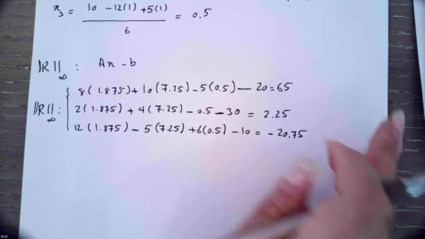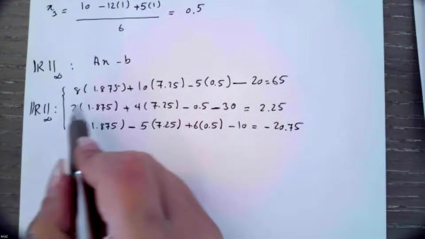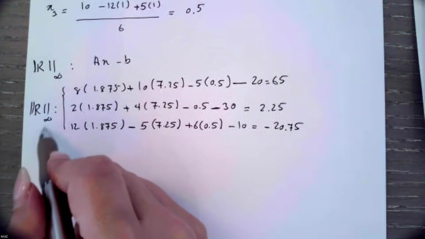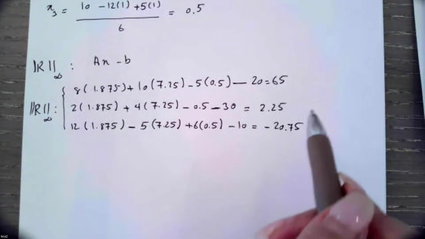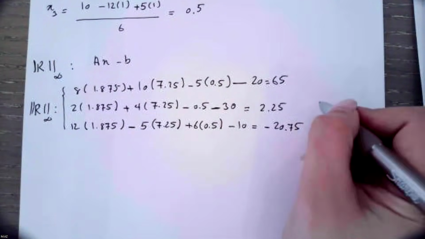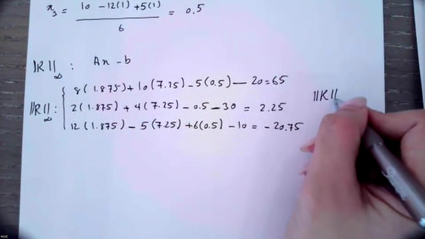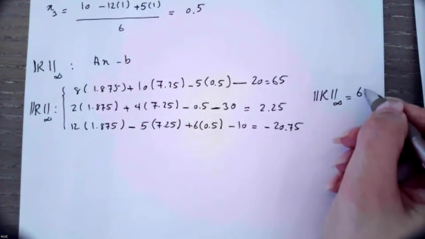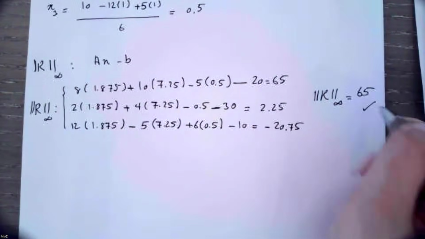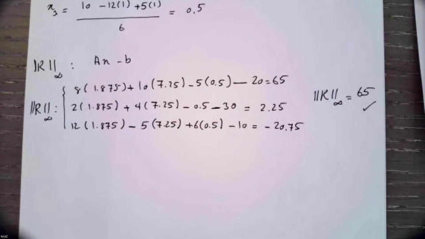Okay, this is the answer. And for finding the infinity norm of the residual, we have to pick the maximum absolute value. The answer is 65. This is the answer of part B.